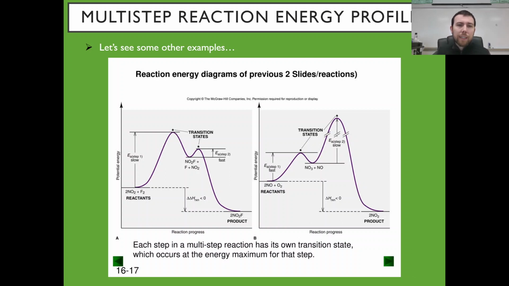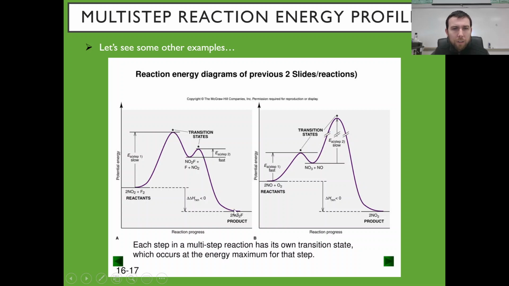For this particular process, step 1 is the slow step. That's where our first transition state is. Step 1 would certainly be endothermic because the difference from here to here shows that it's endothermic. We've got our second transition state with a much smaller activation energy, so that means it's a fast step.